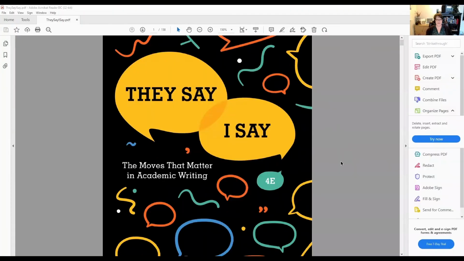So you see here, the name of the book is called They Say, I Say. This is from the 4th edition, The Moves That Matter in Academic Writing. So this is actually a pretty cool book regarding argumentative writing specifically, and I think I will upload this to the course so that you have access to it.